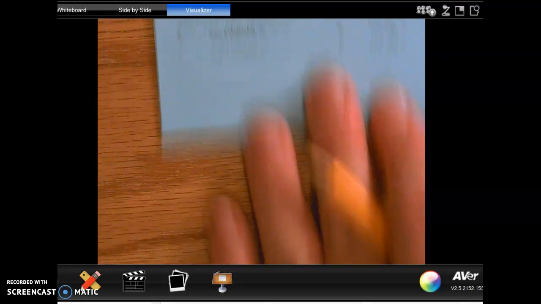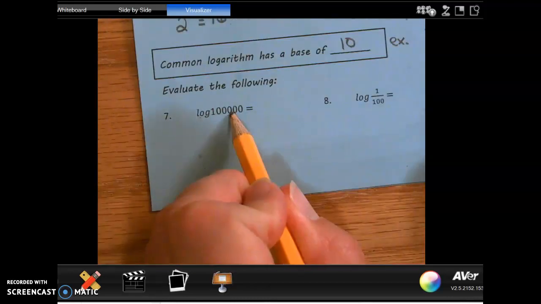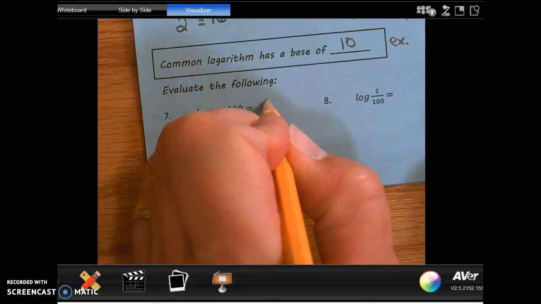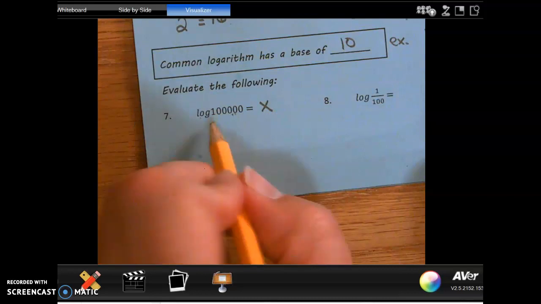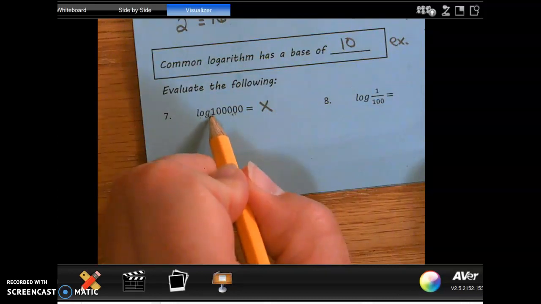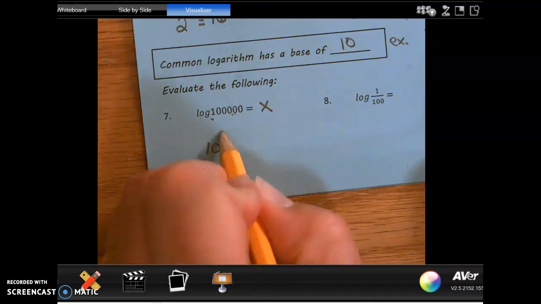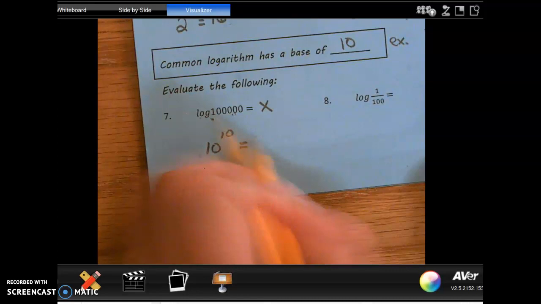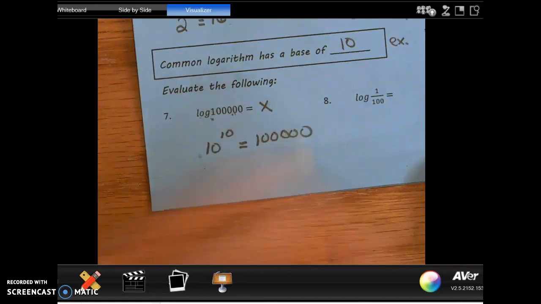Evaluate the following. To evaluate this problem, we're going to put an x here for our answer, and we're going to convert it to exponential. So 10, remember this is a common logarithm, 10 to the x power equals 100,000.